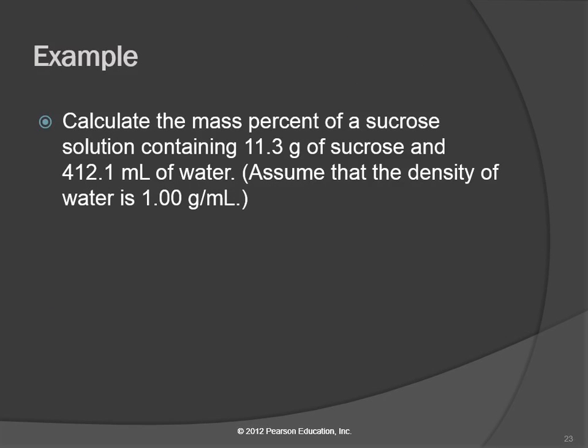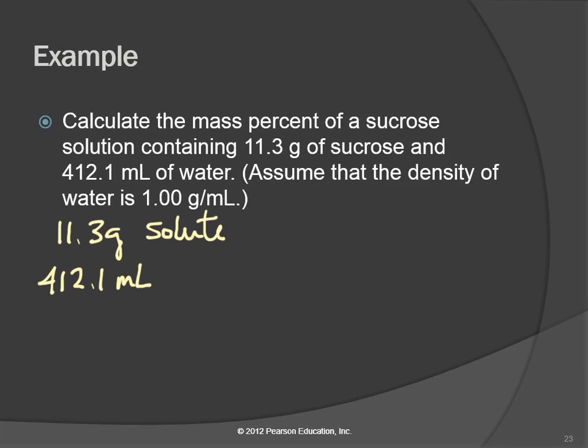Let's do an example. Calculate the mass percent of a sucrose solution containing 11.3 grams of sucrose and 412.1 milliliters of water. Assume the density of water is 1 gram per milliliter. Well, 11.3 grams is the solute. 412.1 milliliters.